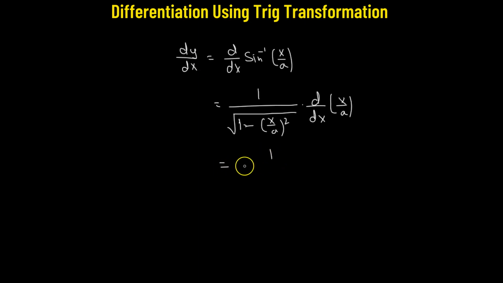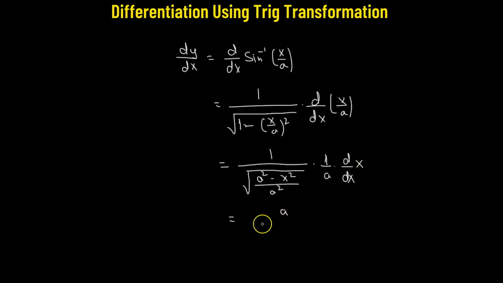So that gives us 1 divided by the square root of (a squared minus x squared) divided by a squared, multiplied by 1 over a, which is a constant, multiplied by the derivative with respect to x of x. Further simplification gives us a divided by the square root of a squared minus x squared, multiplied by 1 over a times the derivative of x with respect to x.